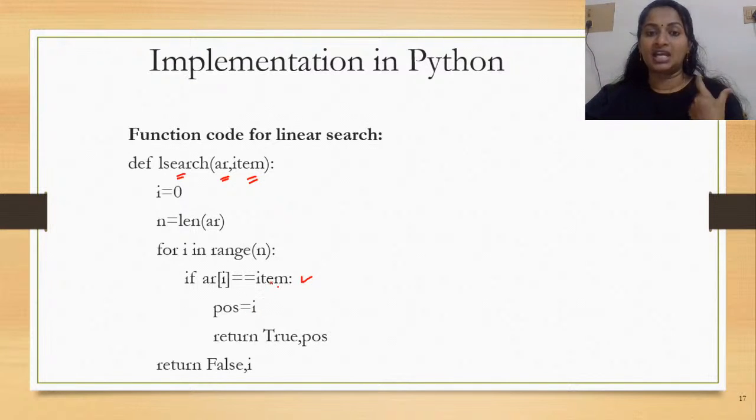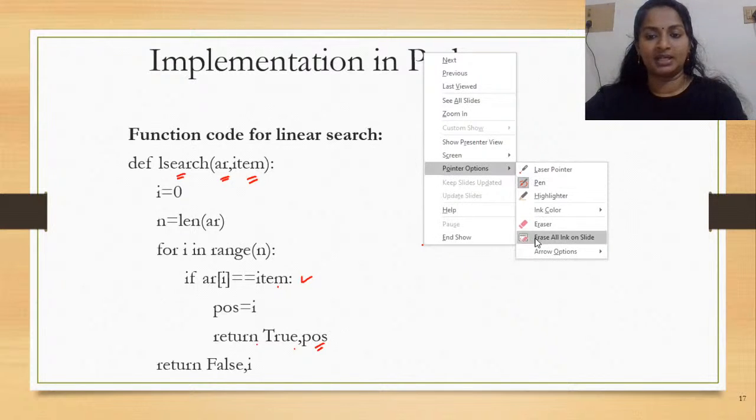If at any point you find that they are matching, that means this is the position in which you have found the element. So, immediately break, and you return the value of the position where you have found the element. This is how linear search would be implemented in Python.